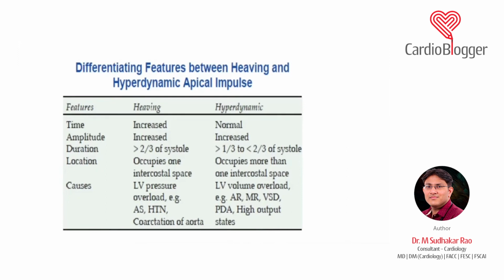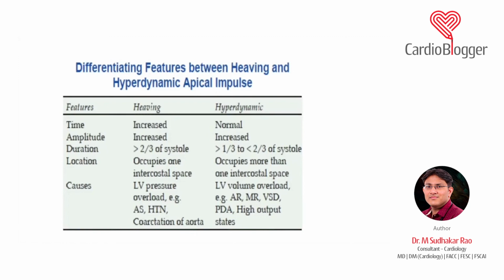Now, for location, a heaving apex usually occupies only one intercostal space, and mostly a heaving apex, because of aortic stenosis, hypertrophic cardiomyopathy, or coarctation of aorta, will always be in the fifth intercostal space. However, a hyperdynamic apex occupies more than one intercostal space, so it should be shifted down and shifted out, and it is always seen in various regurgitant lesions like severe MR, severe AR, or other high volume states like VSD or PDA, or in cases of other high output states.